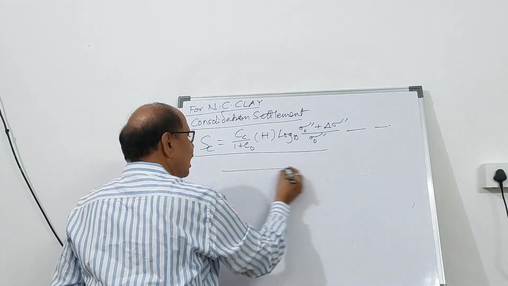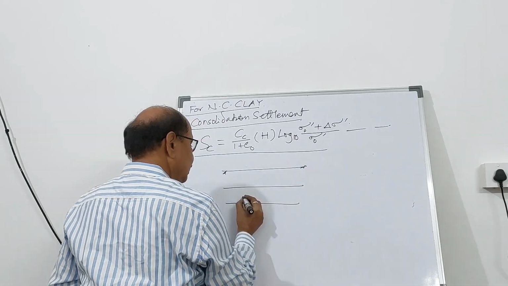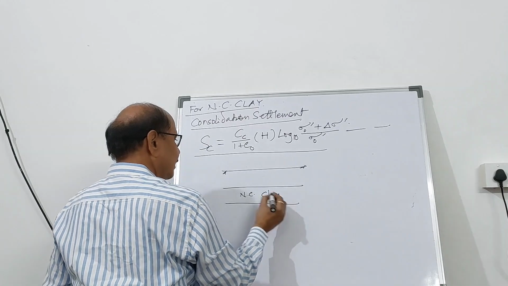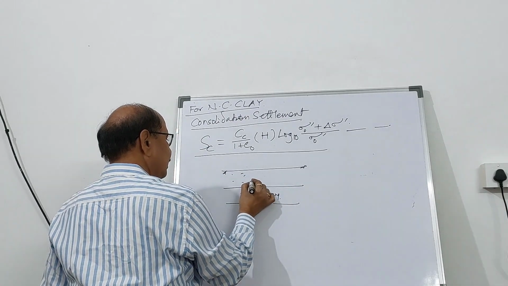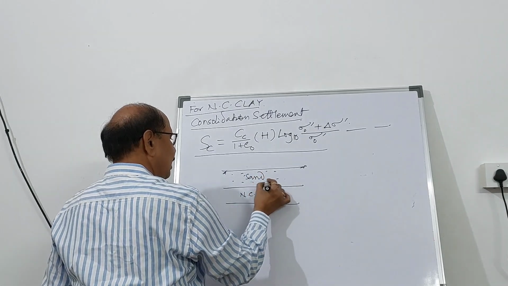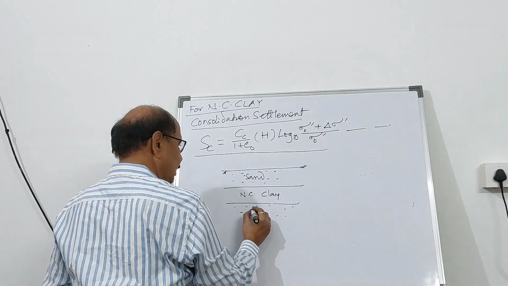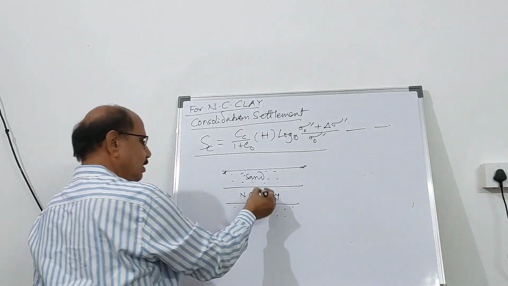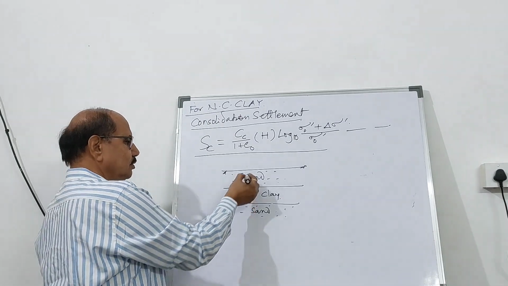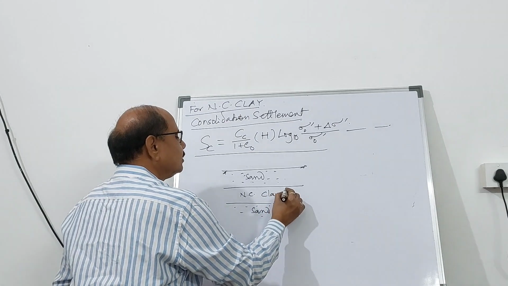So if this is the ground where this is NC clay, normally consolidated clay, and let's say it is having upper layer of sand, and also you are having sandy layer below this. So it is sandwiched between two sandy layers, top and bottom, and it is fully saturated.